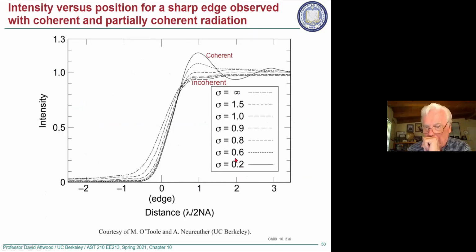And so 2 things. This was a calculation done by O'Toole who was a PhD student with Andy Neureuter in Cory Hall. And this is showing a knife edge that's been illuminated. And if it's overly coherent, you get what we would call in mathematics Gibbs phenomena. You have this overshoot. So this dark line is coherent illumination. It's not actually sigma equals 0, it's sigma equals 0.2 is the solid line.